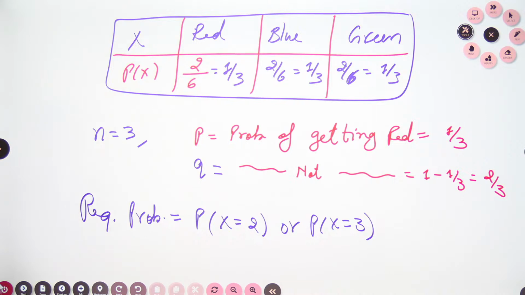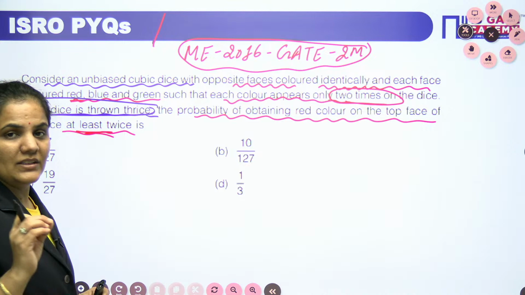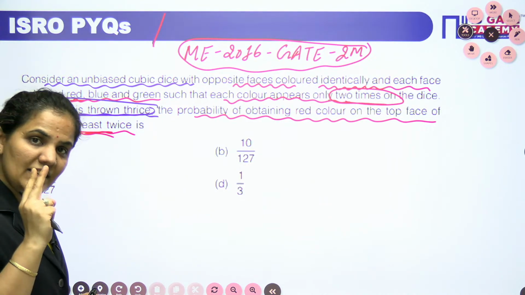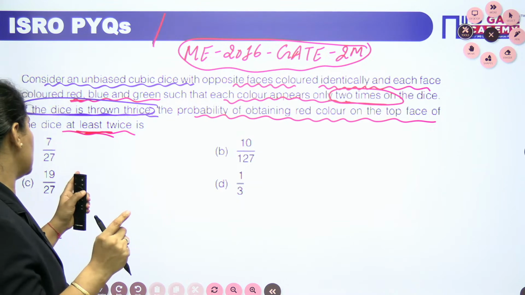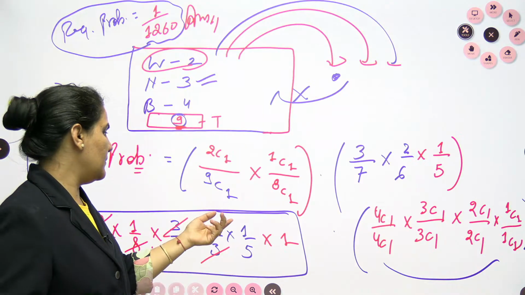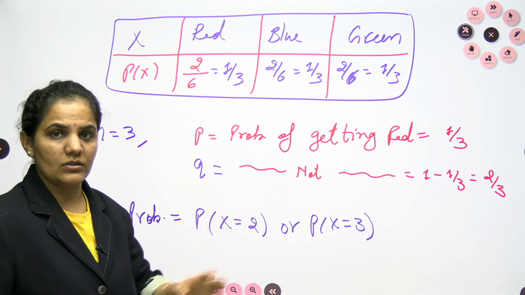This will be my result, because out of the 3 times I throw my dice, I need at least 2 times the red color. The maximum is 3 and the minimum is 2, so it can be 2 or 3.